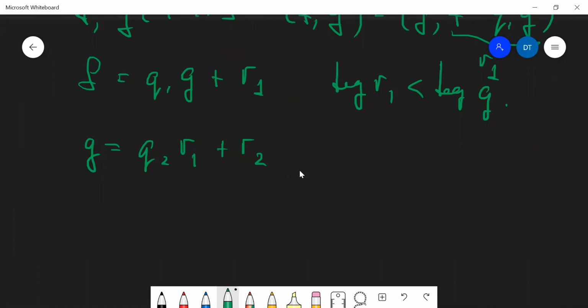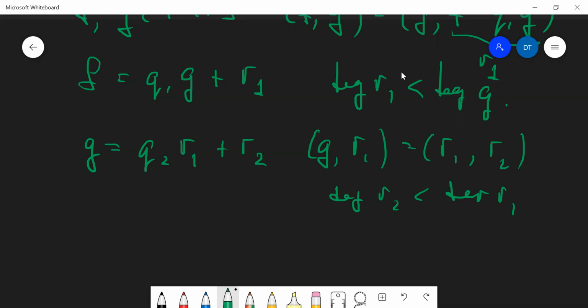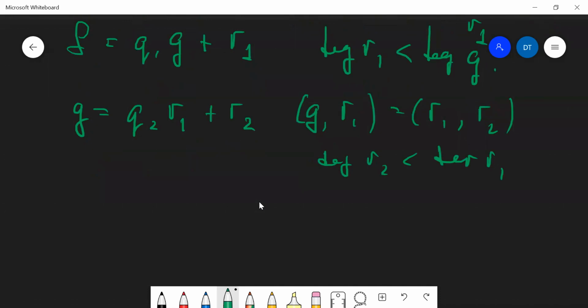And again, by the same rule, the greatest common divisor of G and R1 is equal to the greatest common divisor of R1 and R2, and also the degree of R2 is strictly smaller than the degree of R1. And we can repeat the process, and the process cannot go on infinitely many times, because at each step we decrease the degree of the remainder. So at some point the remainder must be 0.